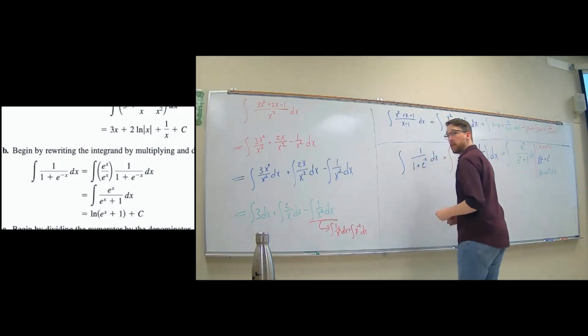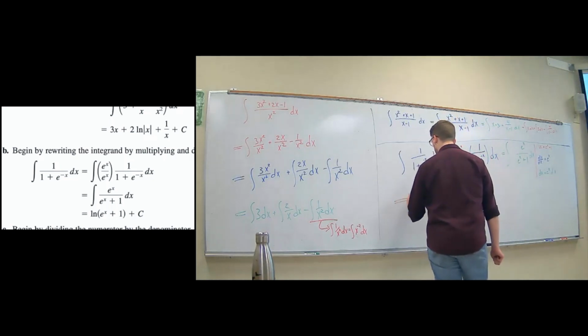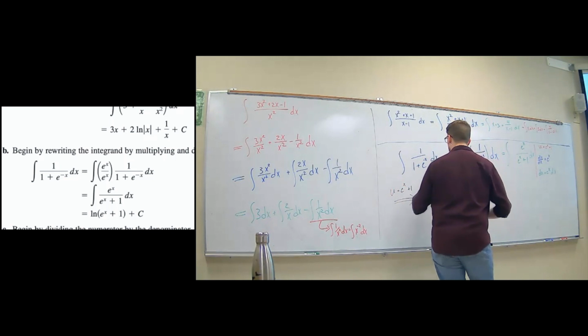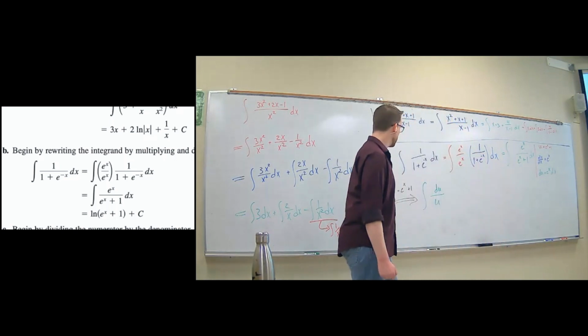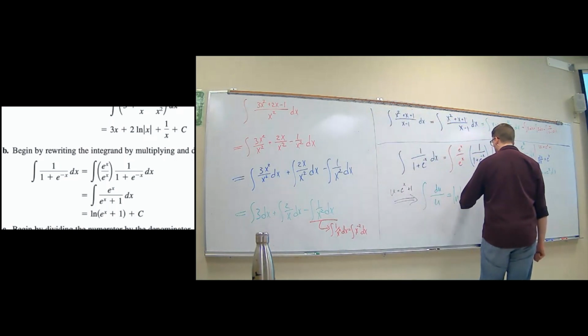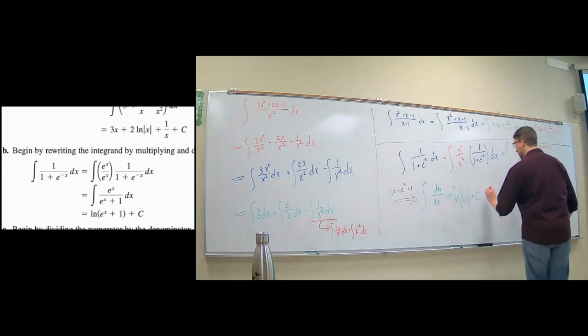So when we use u substitution, u is equal to e to the x plus 1, right? When we use this substitution, what we're going to get is the integral of du over u. Well, this is equal to the ln of the absolute value of u plus c. So substituting u back in, u is equal to e to the x plus 1.